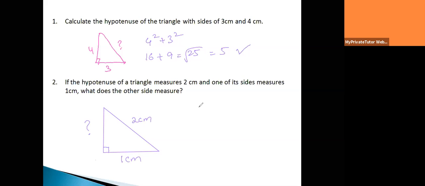So a square plus b square equals c square. a square plus 1 square equals 2 square. So a square equals 4 minus 1, which is 3. So a equals square root 3.